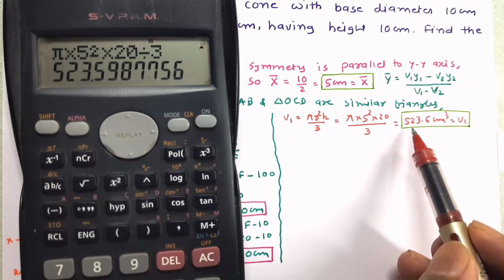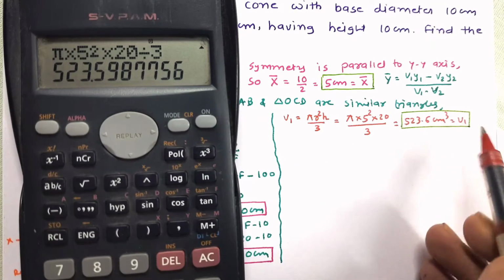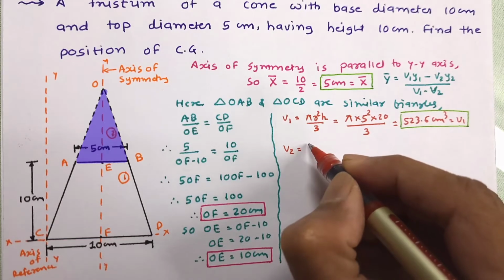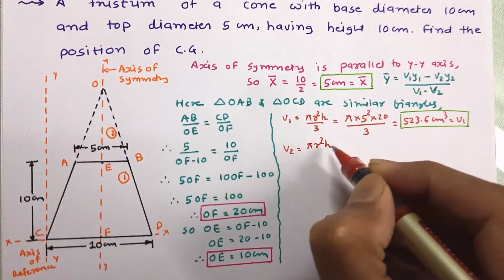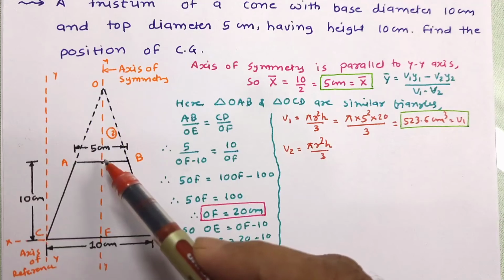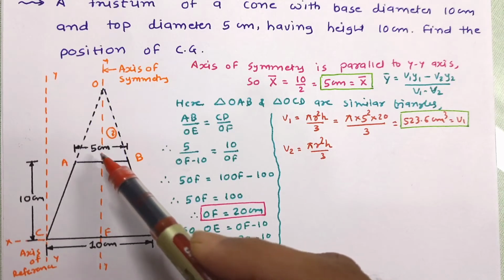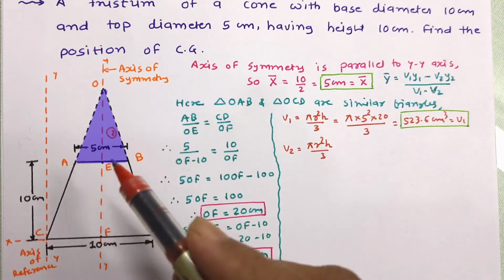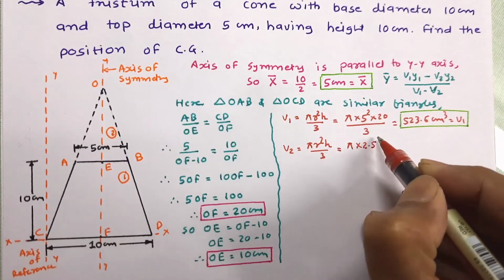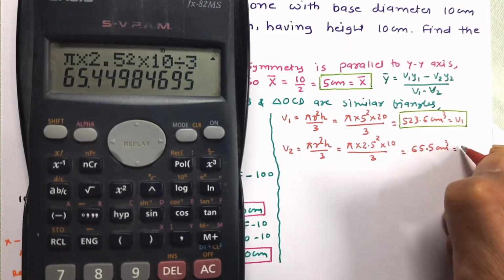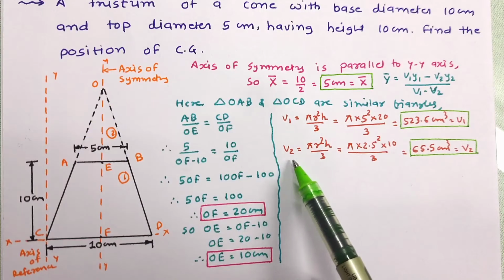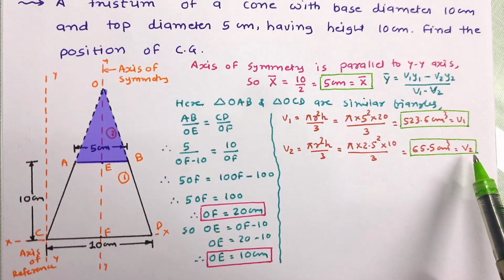The value of V1 has been obtained as 523.6 cm cube. Now let us work out V2. The equation will remain the same. Here the height of the small cone is 10 cm and the radius is half of 5, that is 2.5 cm. So let us put in all the values and work out the volume. The value of V2 has been obtained as 65.5 cm cube.